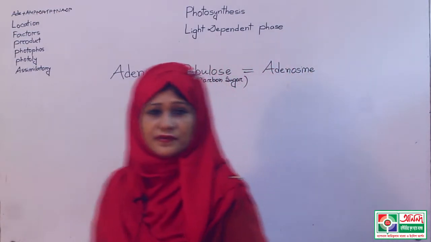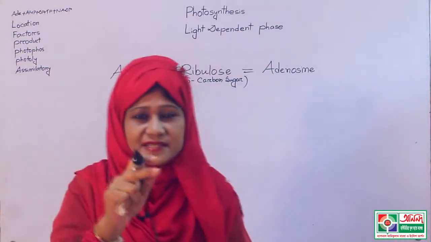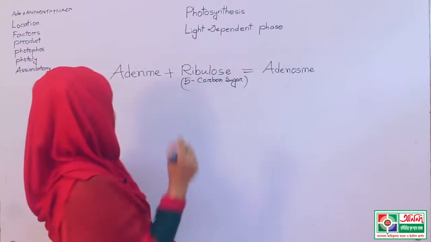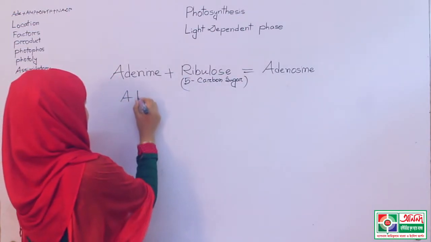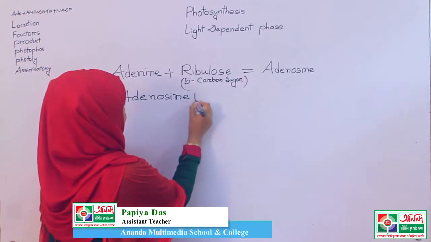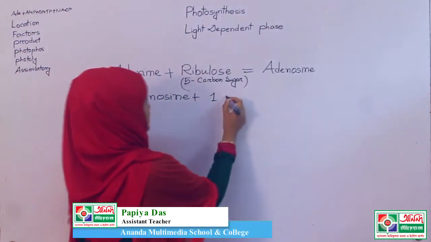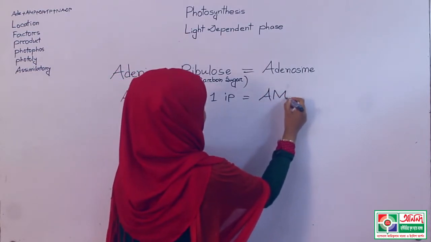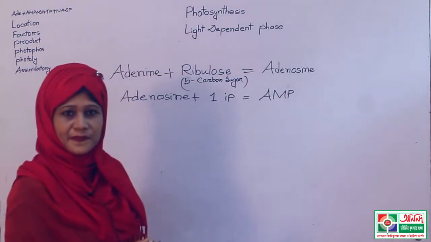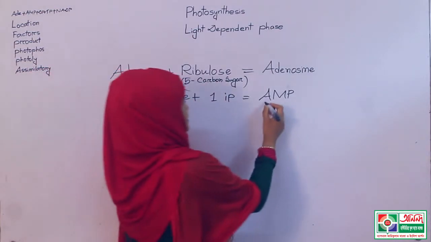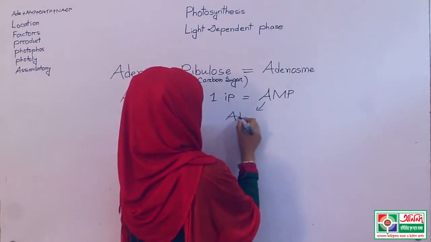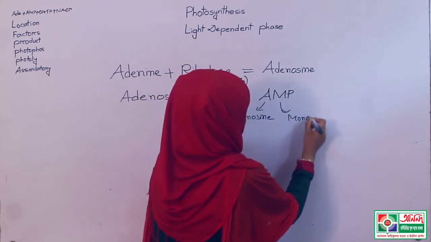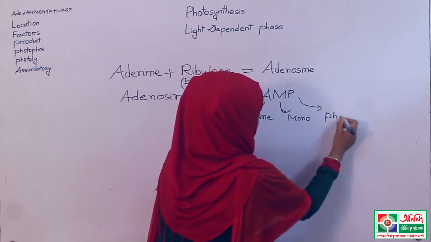And if inorganic phosphate is attached with this adenosine, what happens? Adenosine plus one molecule of inorganic phosphate equals AMP, that means adenosine monophosphate.